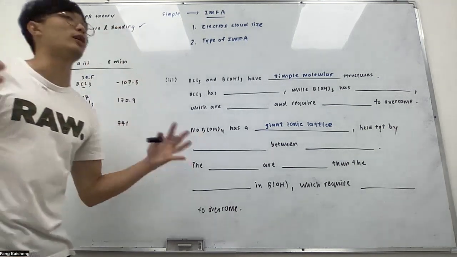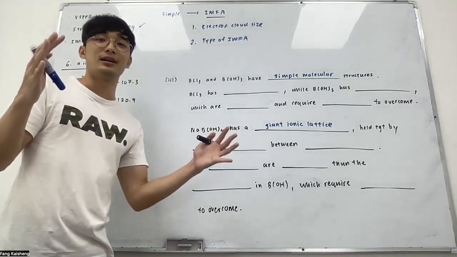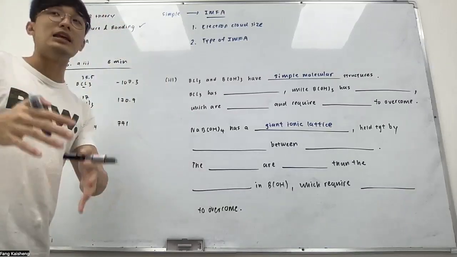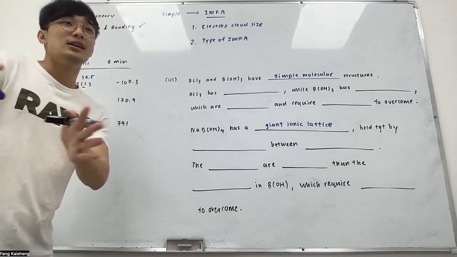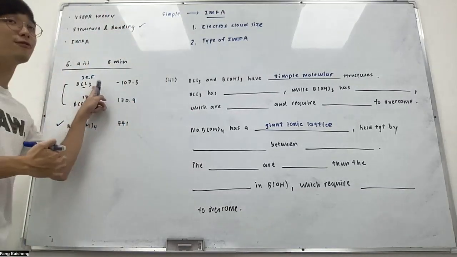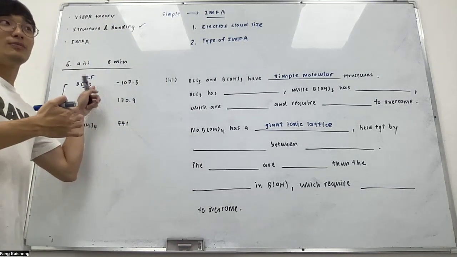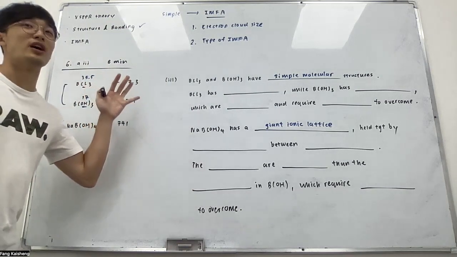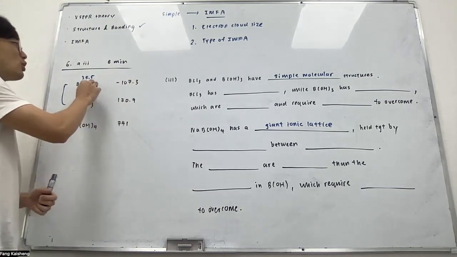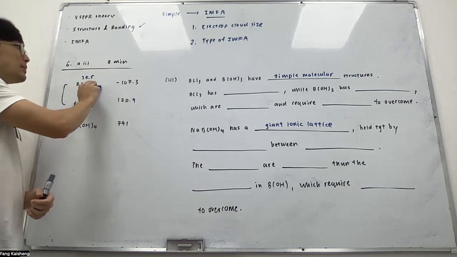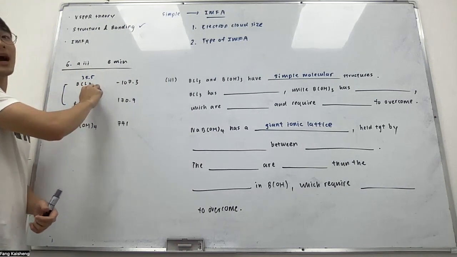Having a larger electron cloud means what? A larger electron cloud is more easily polarized, right? So BCl3 should have stronger or weaker id-id attractions? Larger means stronger. A larger electron cloud should have stronger id-id attractions, meaning it needs more energy to overcome, right?